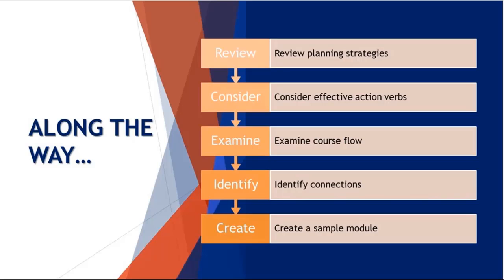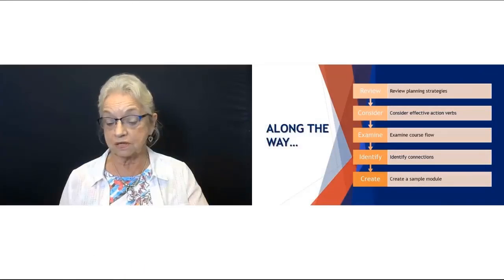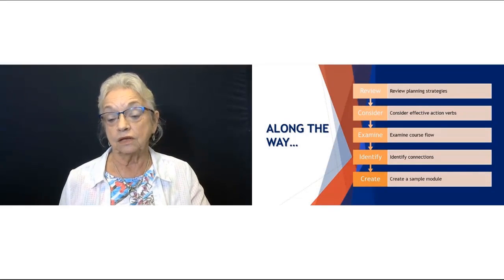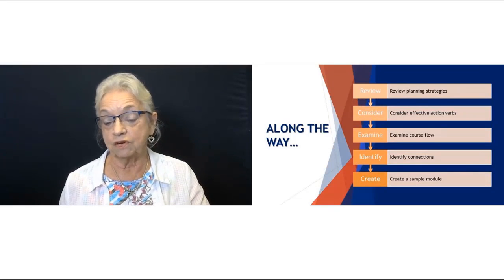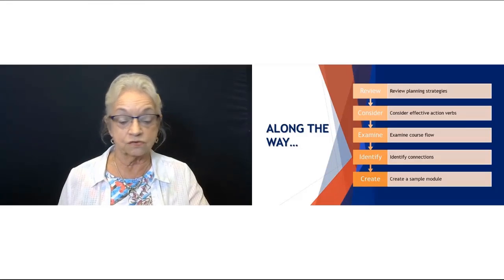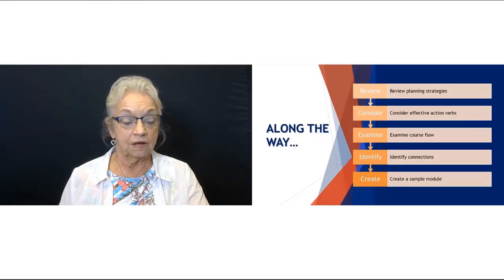We're going to identify how the components of your course are connected, and then we'll give you a chance to create a sample module. If you've already been into the Padlet, that's question number 4, and we'll get to that closer to the end of the session.